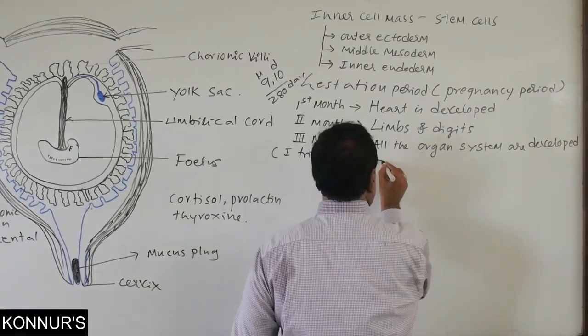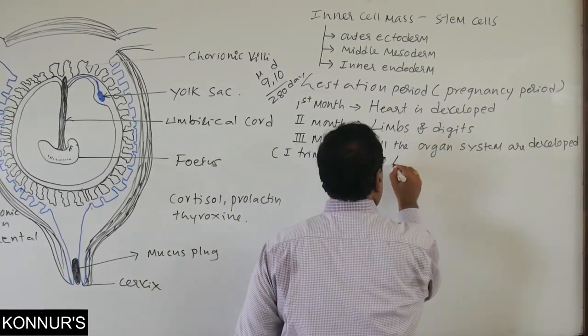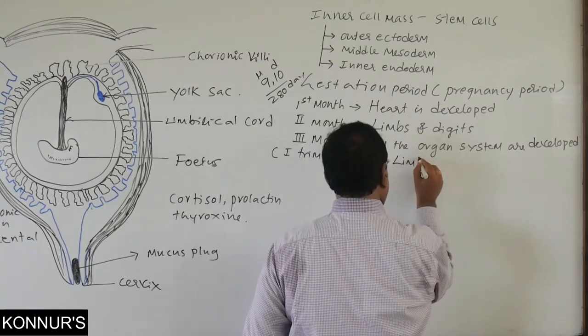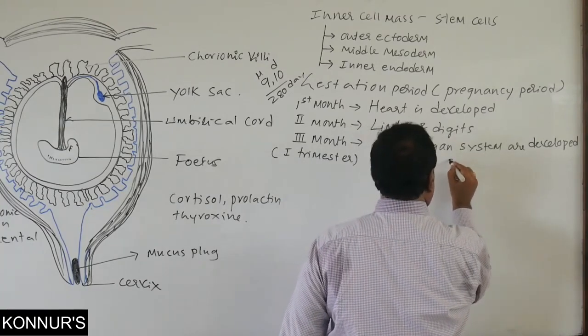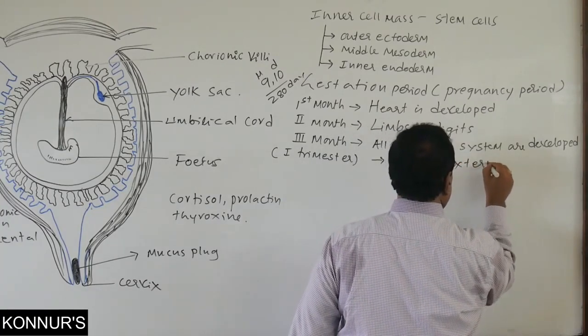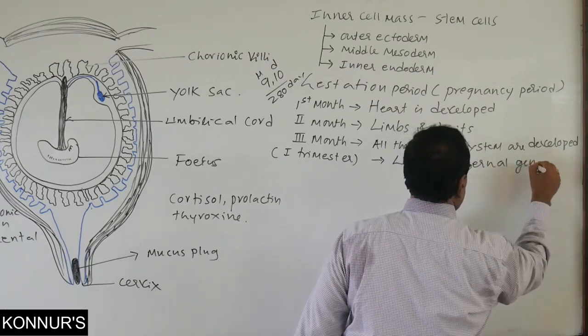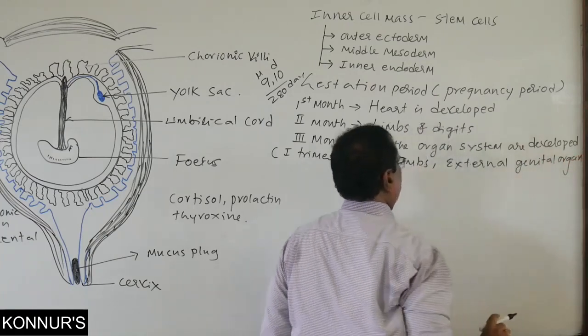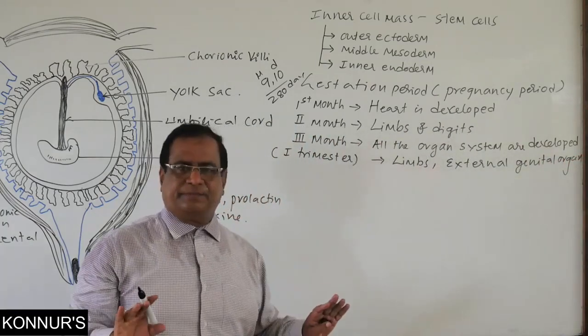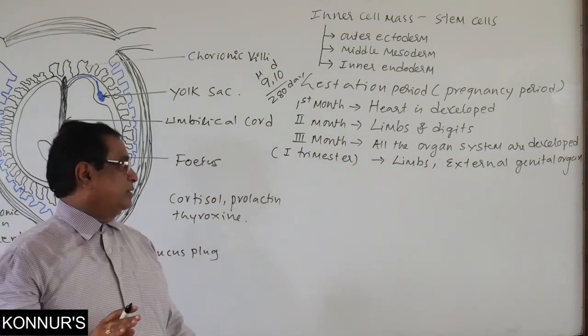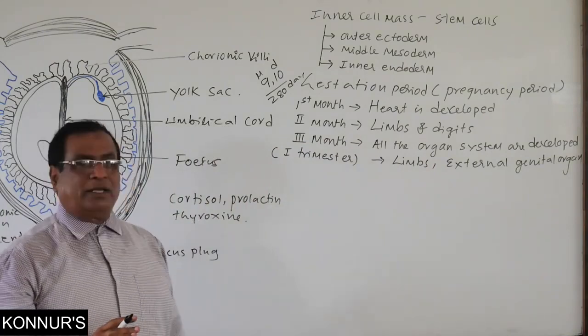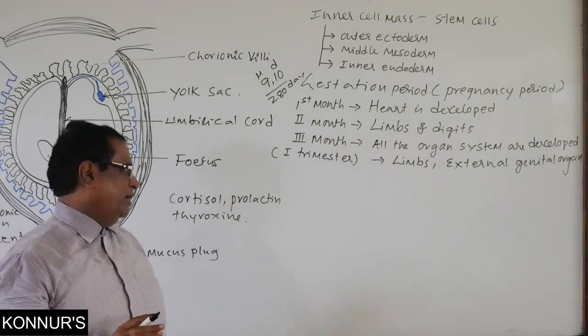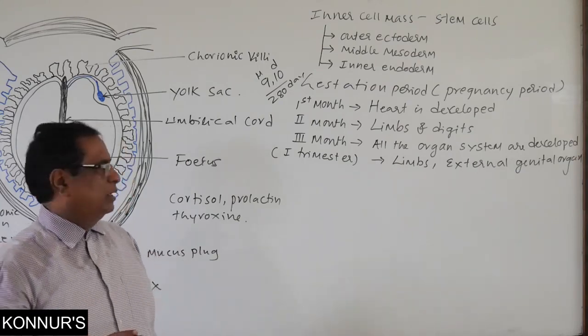For example, all the limbs are well developed and the external genital organ is also developed. All the organ systems are developed during the third month, and that third month is said to be the first trimester.